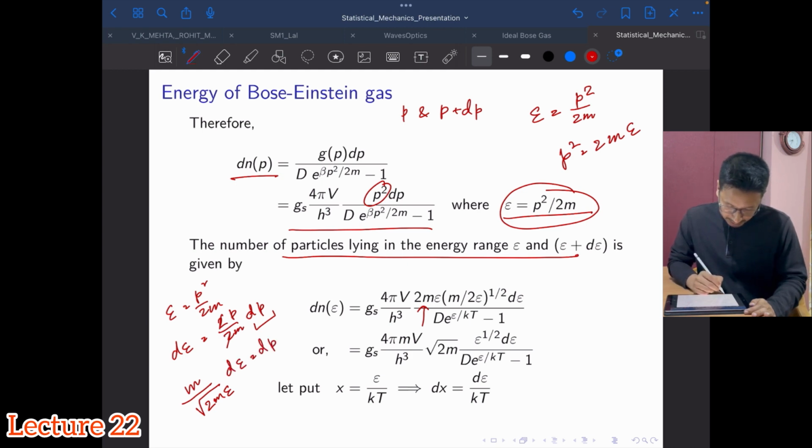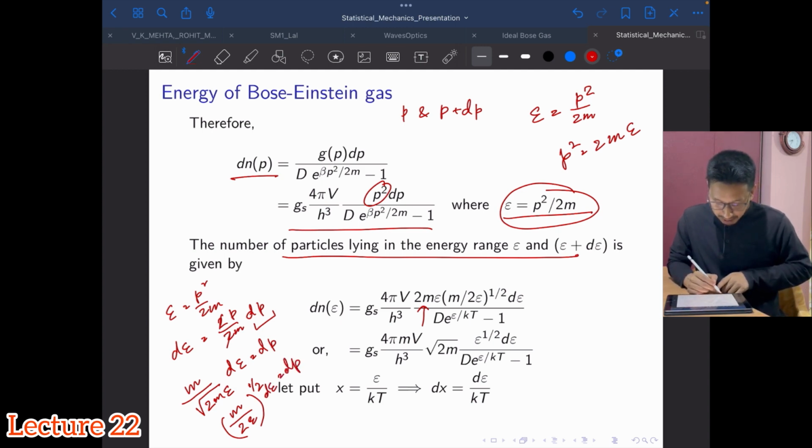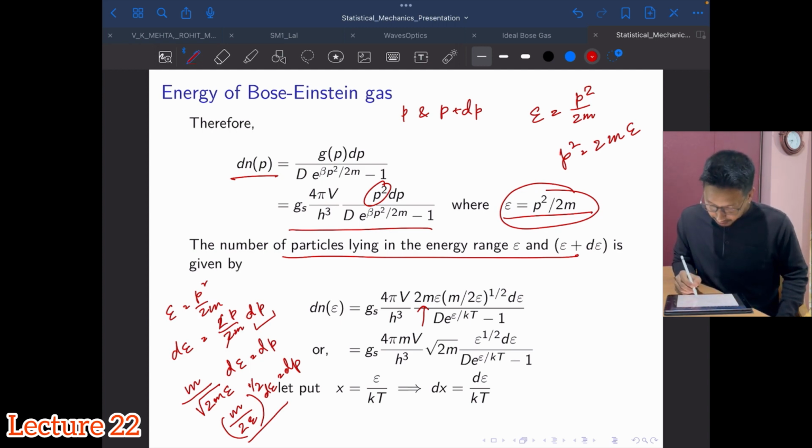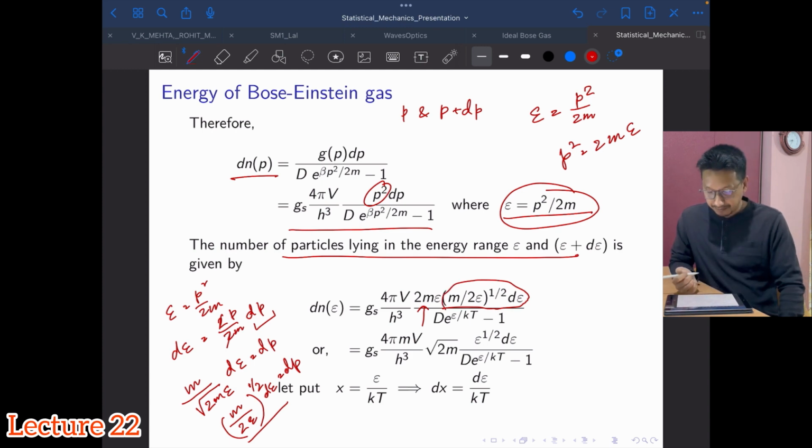Or I can write this as m by twice E to the power 1 by 2 dE equal to dp, right? That's what I have substituted. See, dp equal to this expression. So this is what I have substituted here. So this part is completely coming from this.